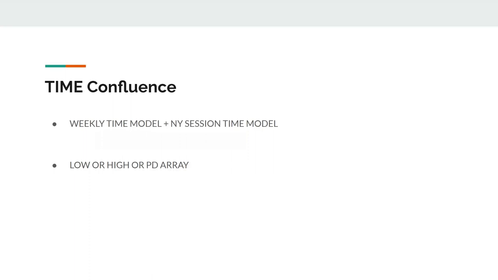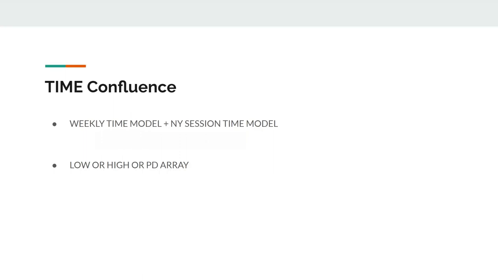Now, when it comes to price, it's a higher time frame PD array that gets hit and a lower high. So buy side or sell side gets purged, as we talked about earlier in the lecture. It's simply based off a range. Let's keep it simple.